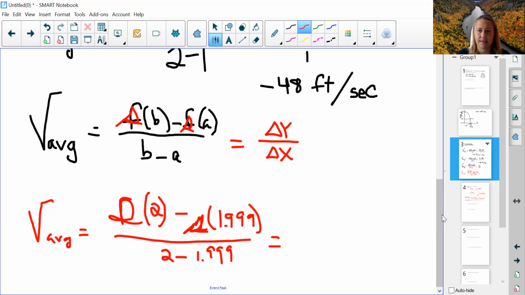So what do I get? When I subtract these, this is 0, so that was pretty easy. And so 0 minus that decimal I gave you on the other page gives this. Again, I'm getting negative because it's falling.